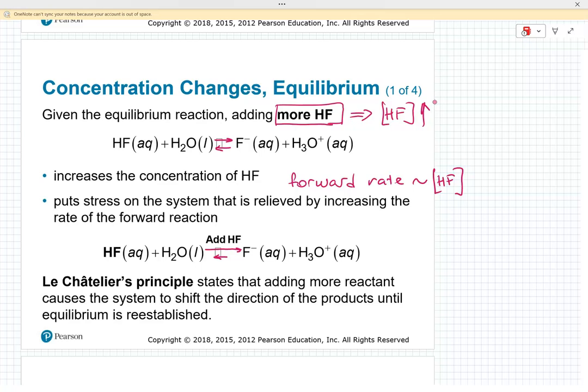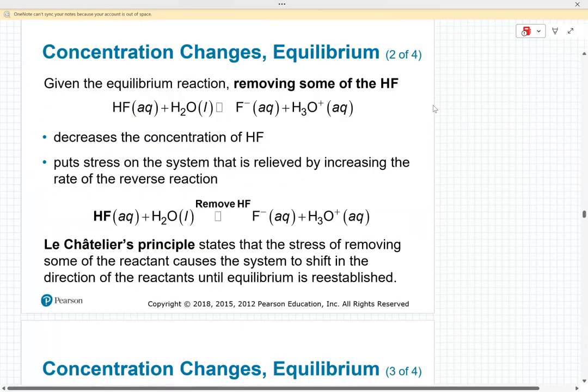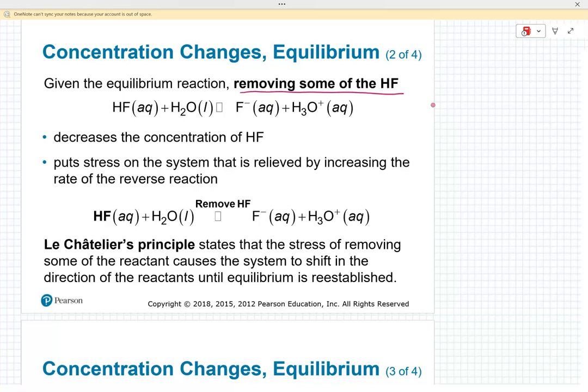Okay? So adding more reactant shifts the direction to the products. Okay? Now, what if we remove some hydrofluoric acid? Well, this equilibrium will be disturbed, and since the rate is proportional to the concentration of hydrofluoric acid, it will go down.